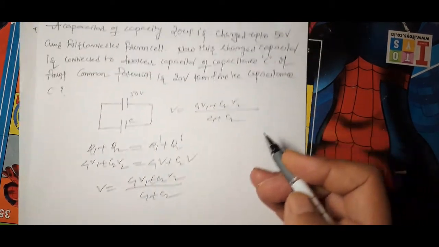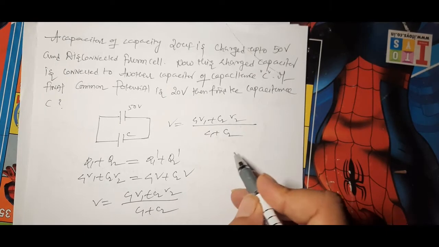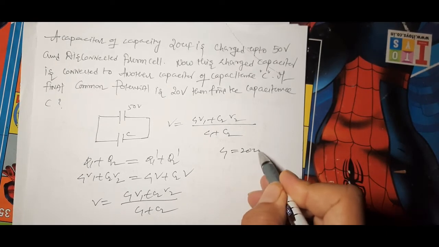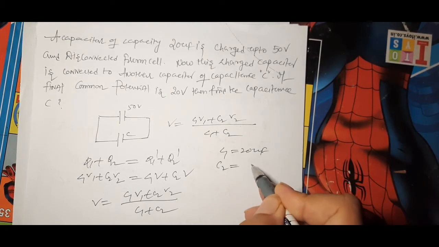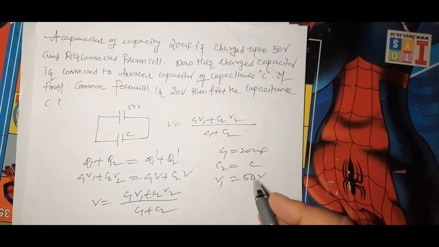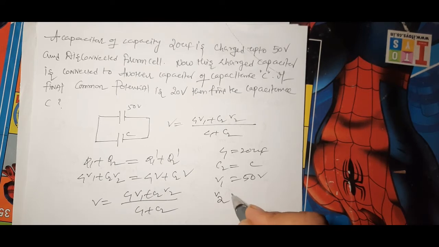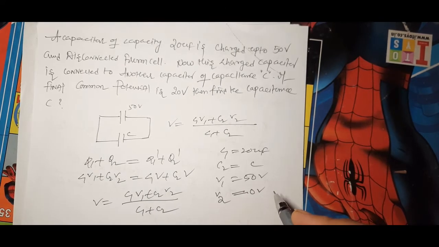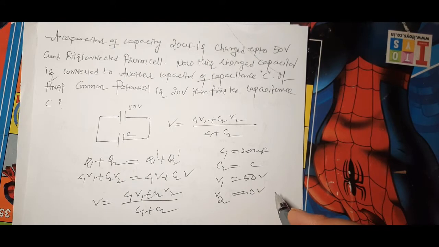Here what they given: C1 is equal to 20 microfarads, C2 is equal to C, V1 is equal to 50 volts. So V2 is equal to how much? Uncharged capacitor, that is equal to 0 volts.